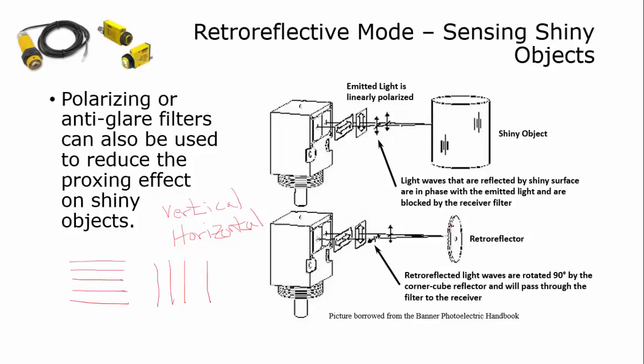However, the same sensor, when it sees its own reflector, the light comes out vertically, but because of the prism effect in the reflector, the light is rotated 90 degrees and comes back in a horizontal polarity, and therefore will go through the horizontal filter so the sensor sees the reflector. So it uses polarization filters to help with shiny objects, so it will not see the shiny object, but yet it will see its light coming back from the reflector. And again, you have to break the entire effective beam.